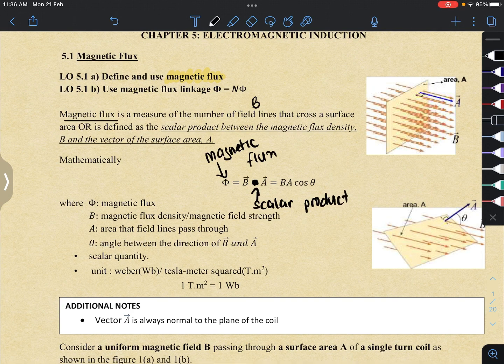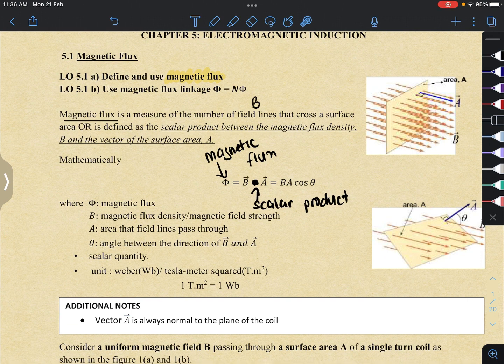So BA cos theta, B is the magnetic field strength or magnetic flux density. A is the cross-sectional area where the field lines are going to pass through, and theta here is the angle between B and the vector A. Magnetic flux is a scalar quantity, which means it does not have any direction.